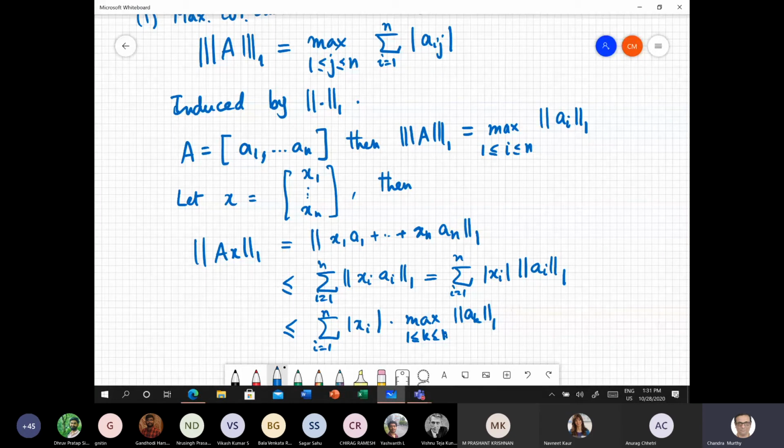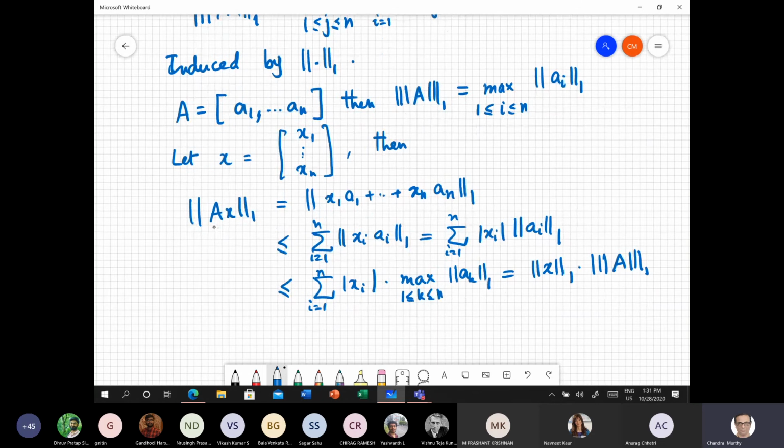And this by definition is the L1 norm as defined here. It's the max column sum. And so this is equal to the L1 norm of x, the sum of all the entries. It doesn't depend on i anymore. This can come out of the summation times the matrix norm of A.